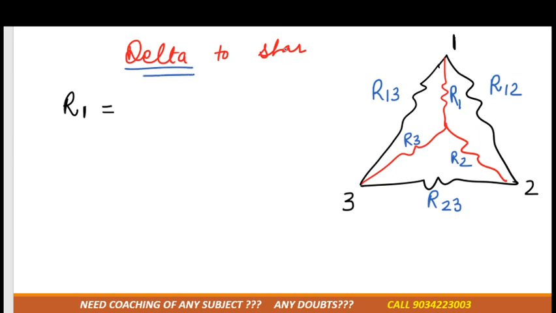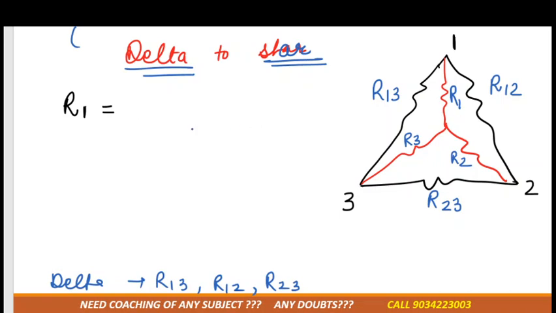Now we are doing delta to star, so we have the delta values R13, R12, and R23, and we need to calculate R1, R2, and R3. So how can you calculate it?